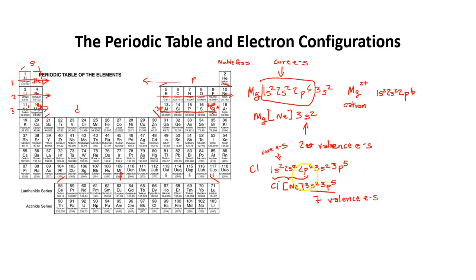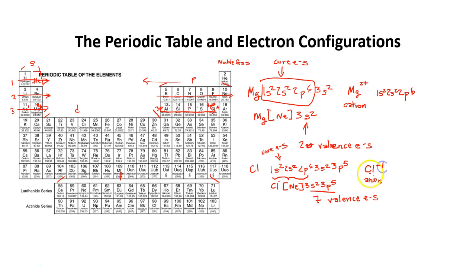All right, what about chlorine gaining an electron to become chloride? What would be the electron configuration for chloride? Well, this is an anion. Okay, so in anions, your atom gains electrons, and the magnitude of that negative charge tells you how many electrons it gained.